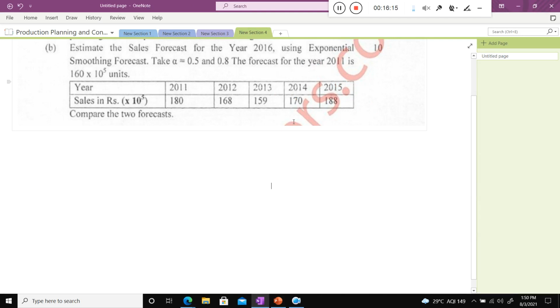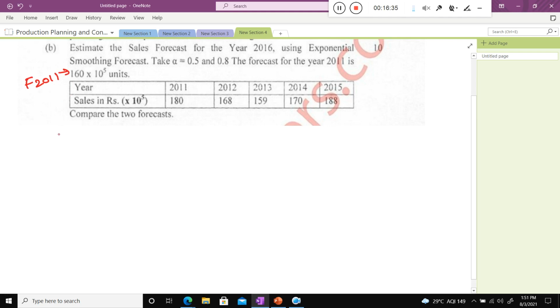Okay, so what is the procedure to solve this type of numerical? Here you need to calculate F2016. F2011 is the given data.